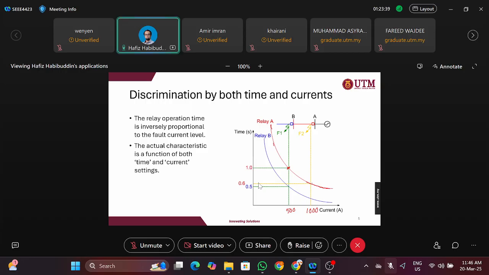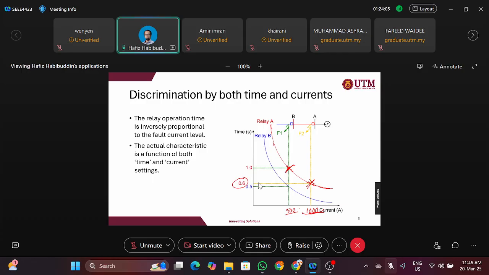But with this curve, the 1000 amp will give an operating time of 0.6 second, so it is faster. So you have this characteristic that is faster with high current and slower with lower current.